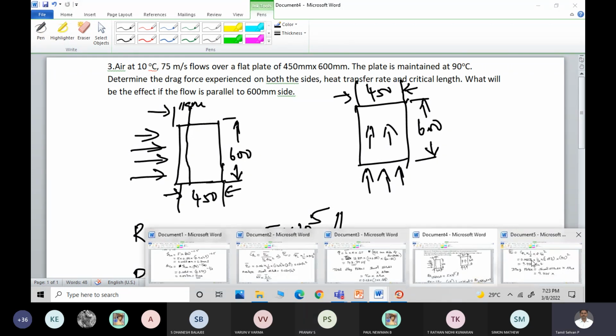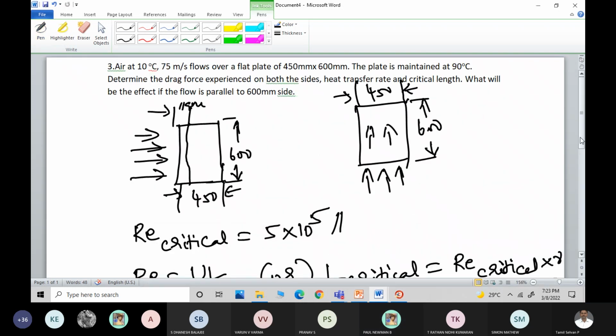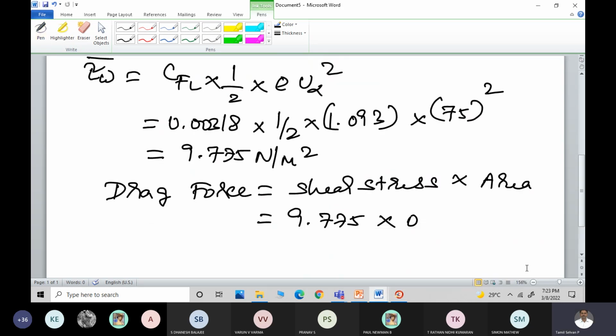450 by 600. So 0.45 into 0.6. They've asked for both areas, sir. Both the sides? Yes, sir, both sides. What will be the drag force on both the sides? Okay, into 2. Area into 2, both sides.